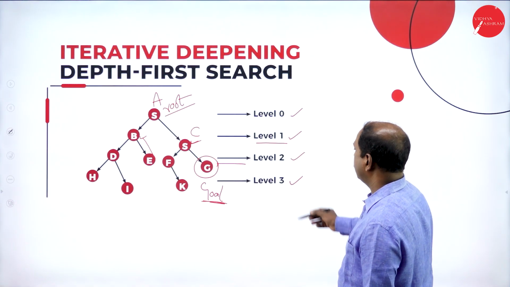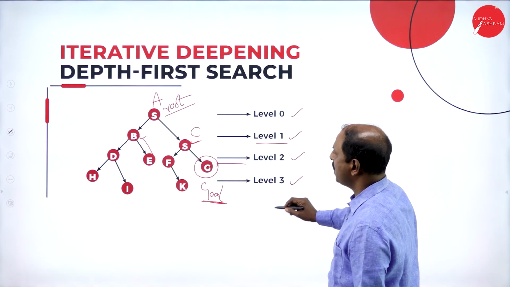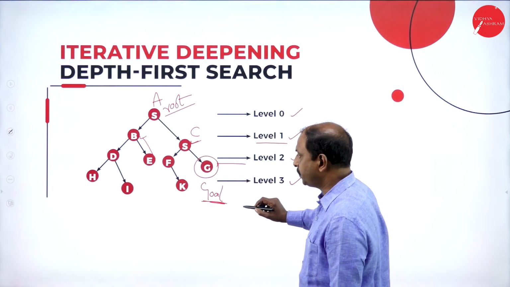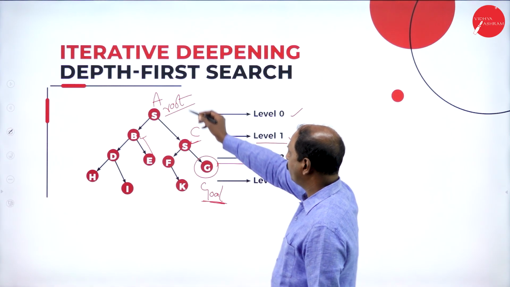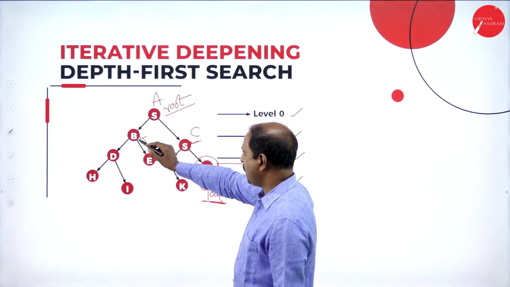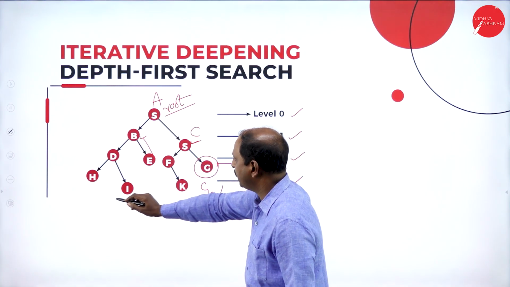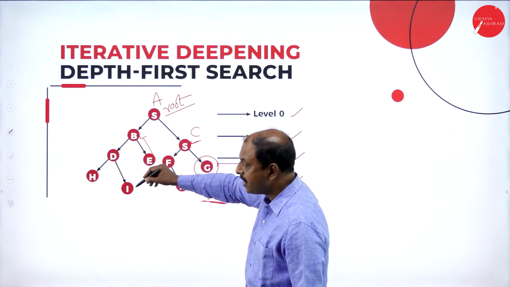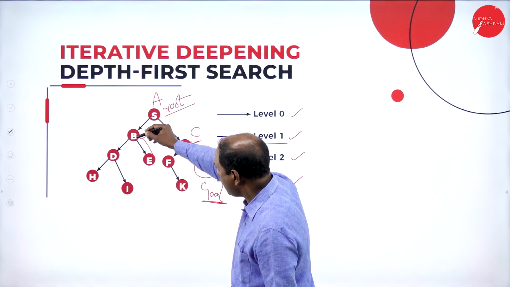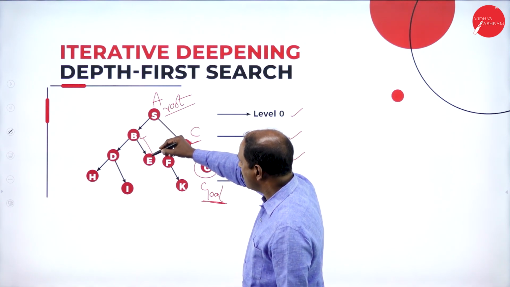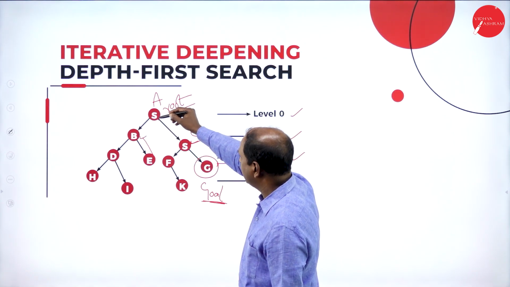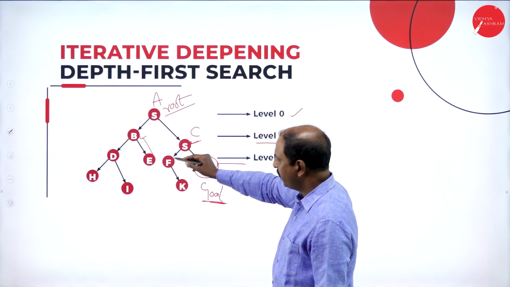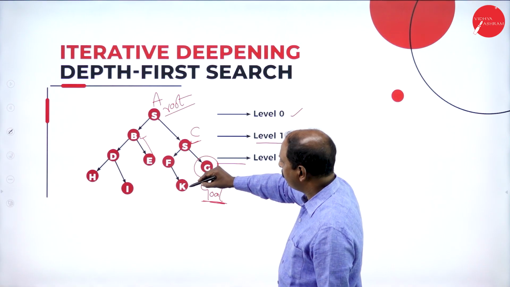Now look at the next level, that is level 3. We will have another level with different nodes here. How is it going to traverse? Start with A, B, D, and the next level is H. Then from H, backtracking to I, backtracking to B, B to E, backtracking to S, again to C, C to F, F to K, and again backtracking.